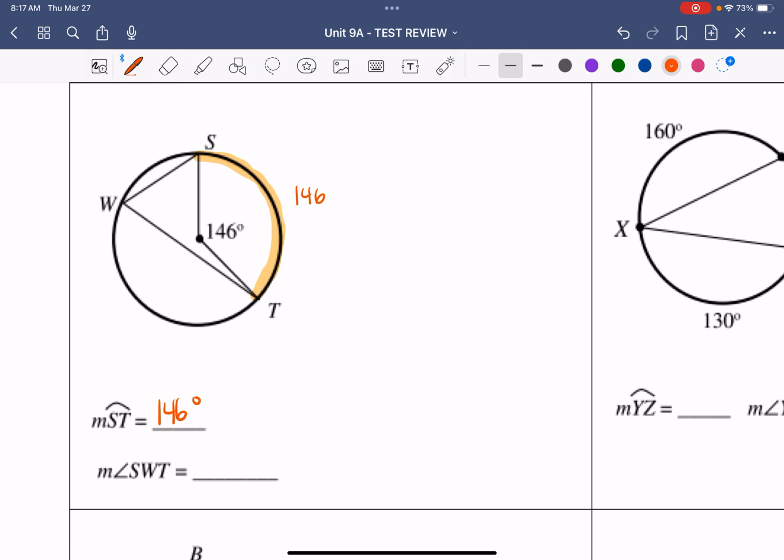Now to find the measure of angle SWT, SWT is this angle, just following the letters, right? This one is not a central angle because it's touching the edge. Instead, what this is, I'm going to put an arrow pointing to it, is an inscribed angle.